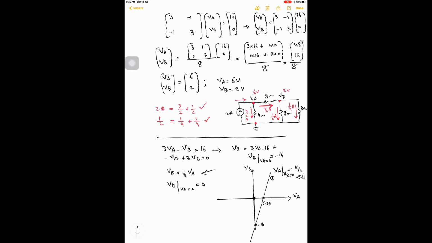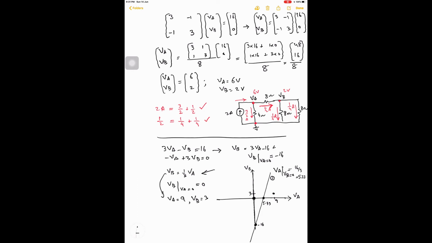And from here, just assume that VA is equal to 9. What is VB? VB is 3. So VA 9 and VB 3. Let this be 9 and this be 3, and we have another point over here.